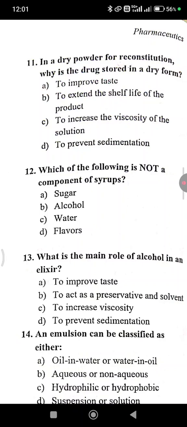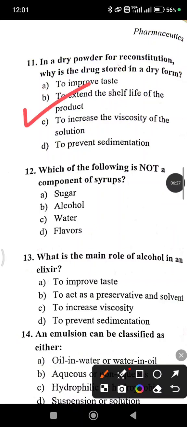Option D, to prevent sedimentation. The answer is option B, to extend the shelf life of the product.